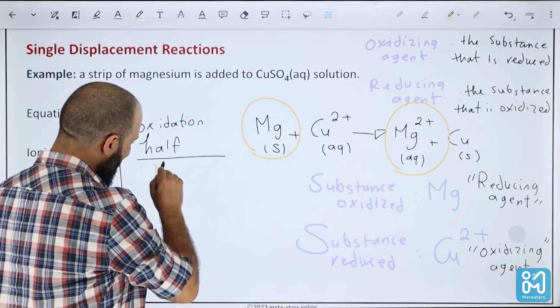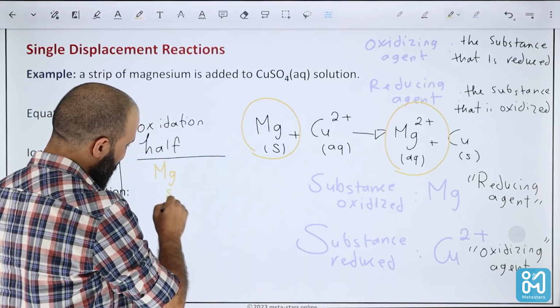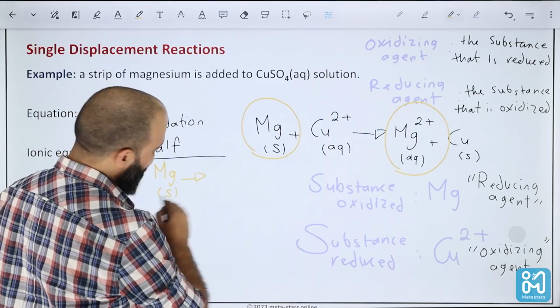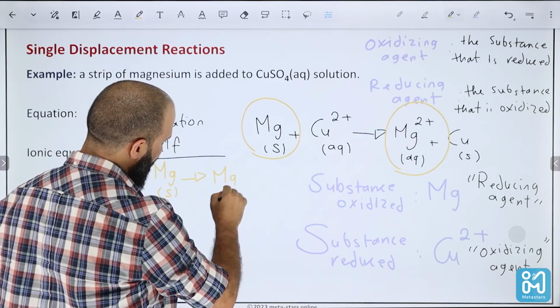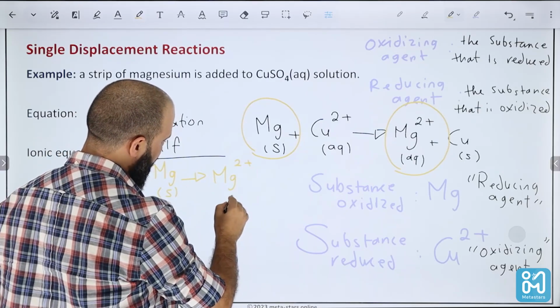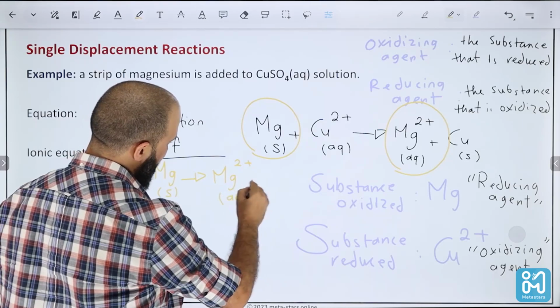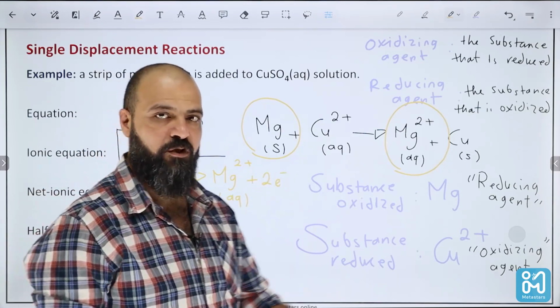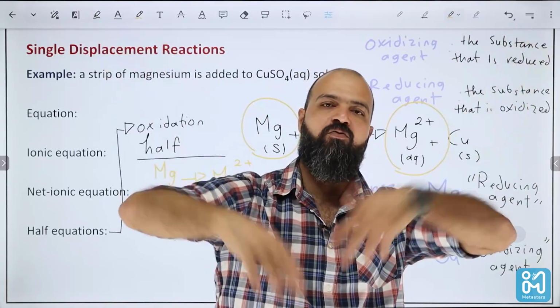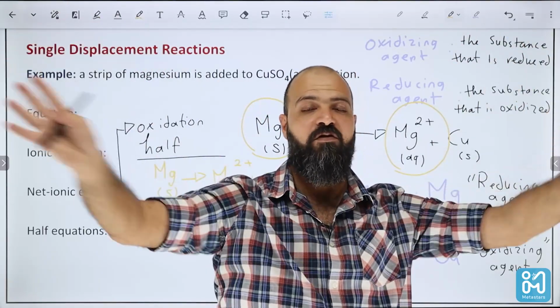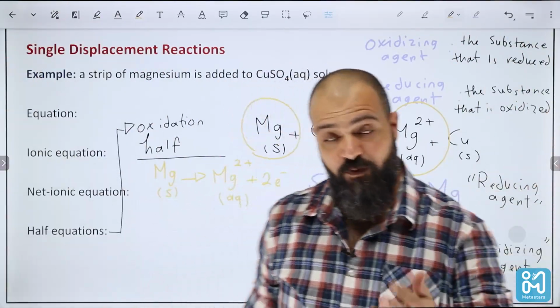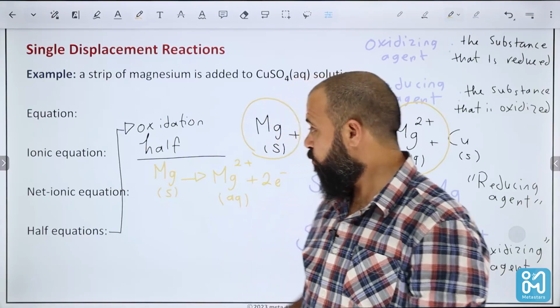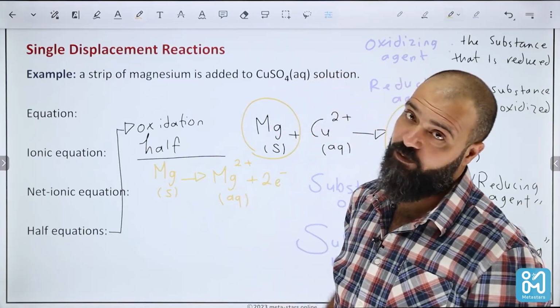Mg solid changes to Mg2+ aqueous and loses 2 electrons. So in the oxidation half, we should write electrons on the right side of the equation.